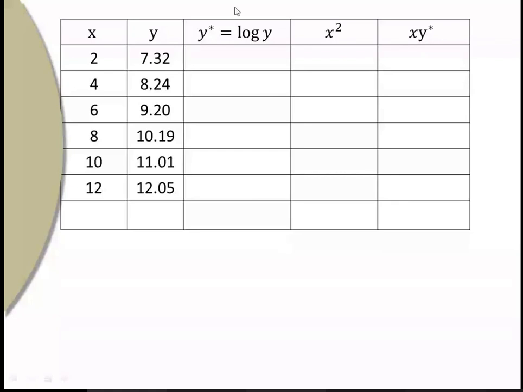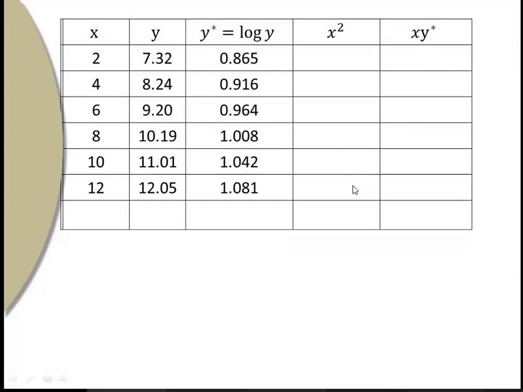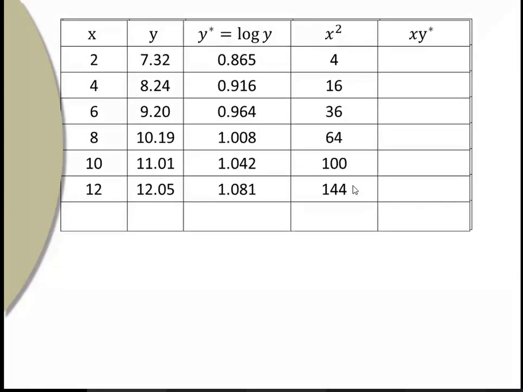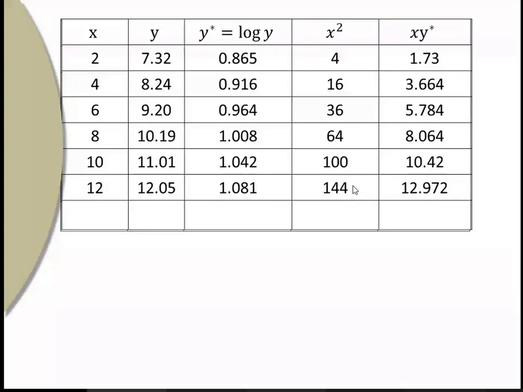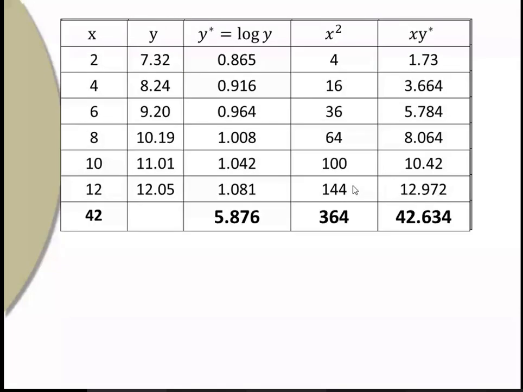Okay, so complete the table. Find the square of x, multiply x and y star. Take the sum of each column. Here summation y isn't required, so no need to take the summation of y.